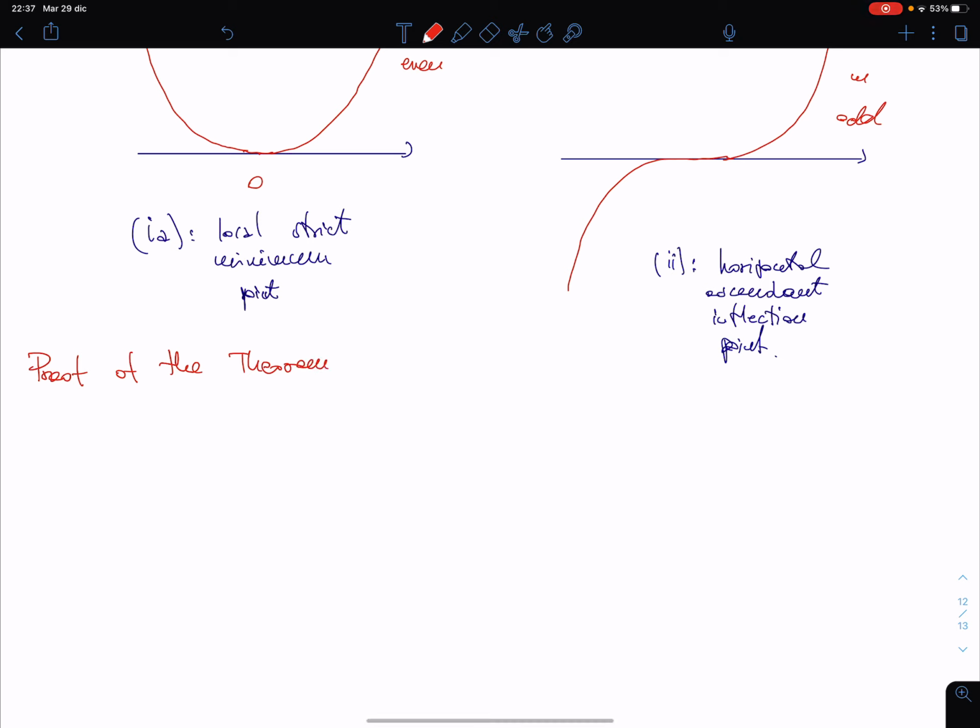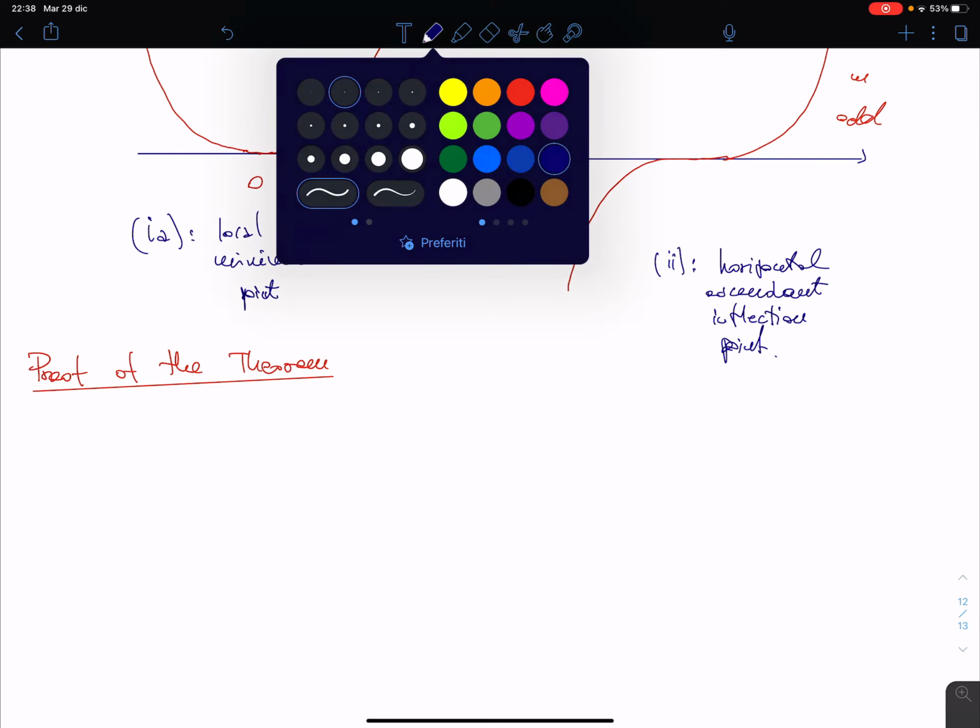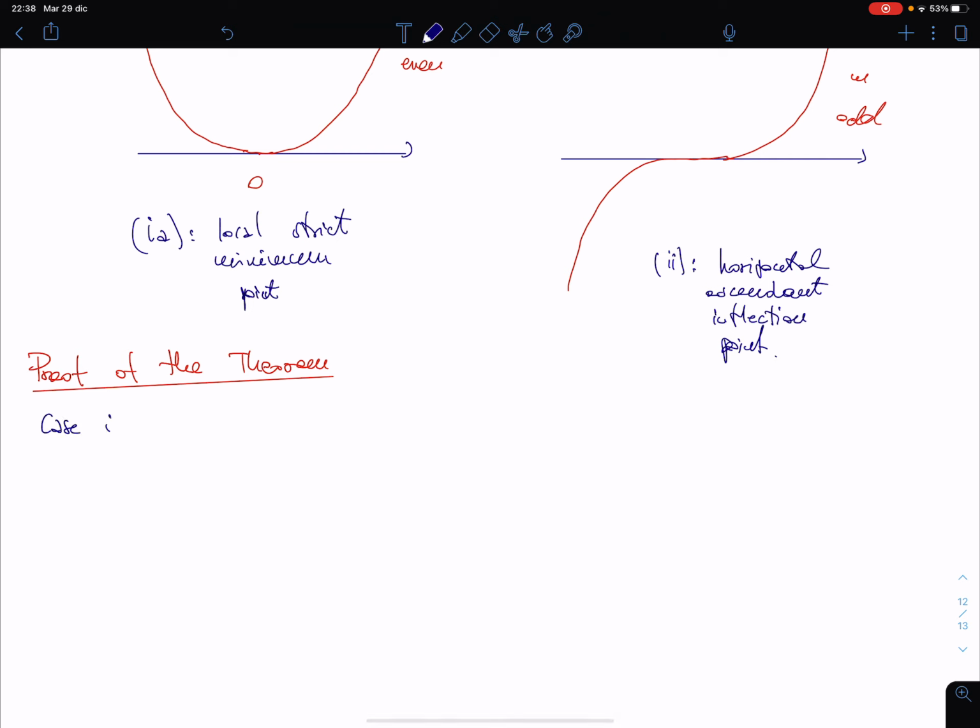The theorem on the relationship between derivatives and critical points. So case 1, k even. We can use the Taylor expansion up to the kth degree.